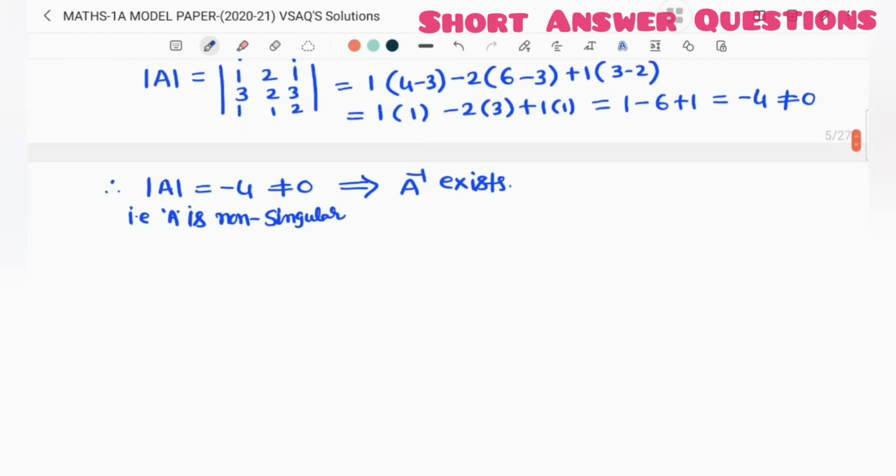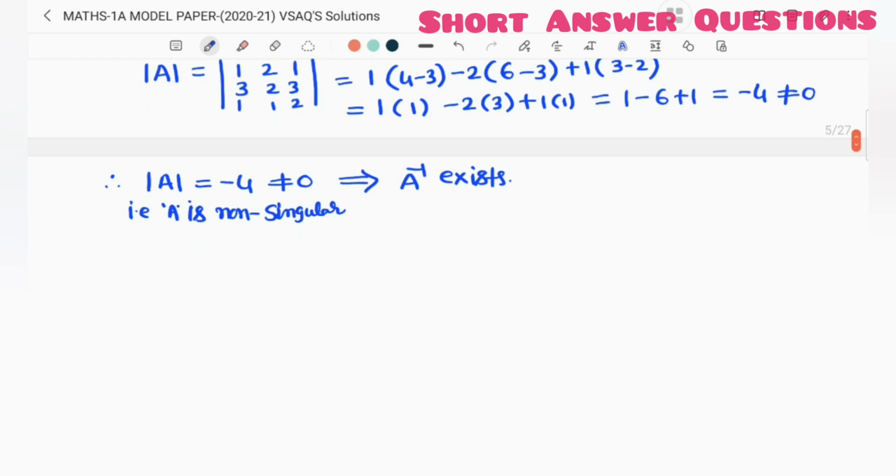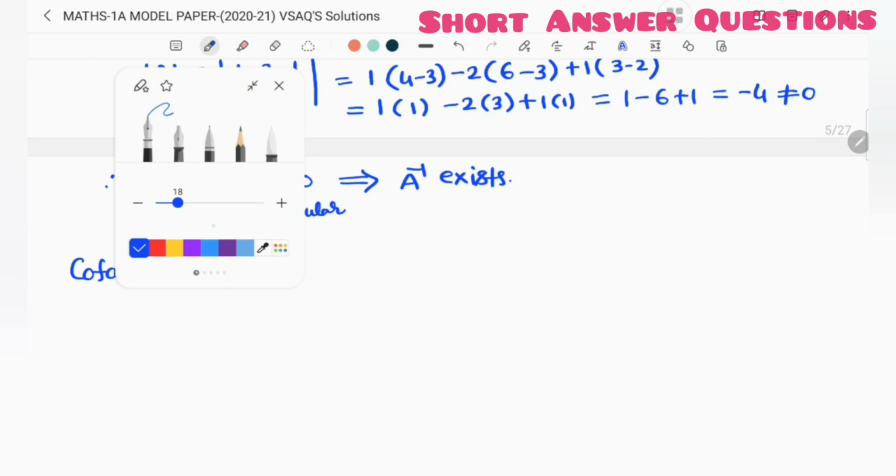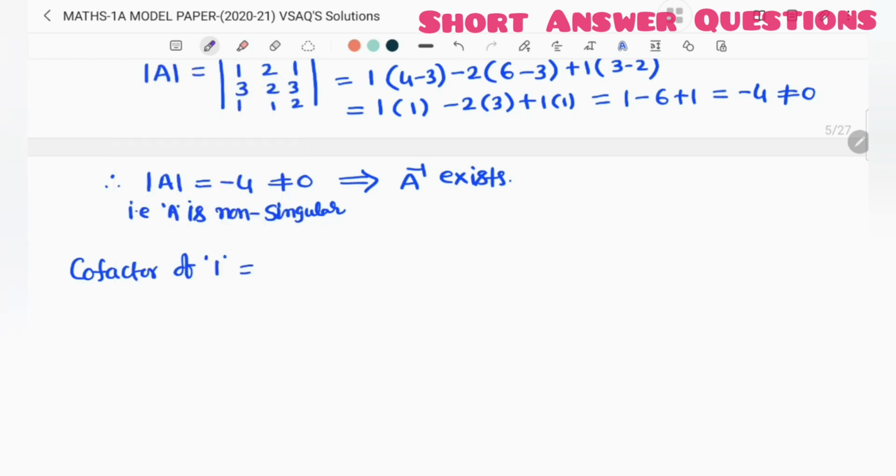So, one by one we will calculate the cofactor of the first element, the cofactor of 1. Here one small piece of information I will give while writing: the signs are plus, minus, plus, minus, plus, minus, after minus again plus will come, now plus, minus, plus.